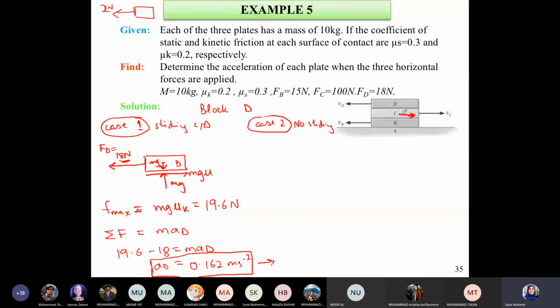So because of the motion between C and D, this frictional force has come into effect in its mu k version, because of its motion.